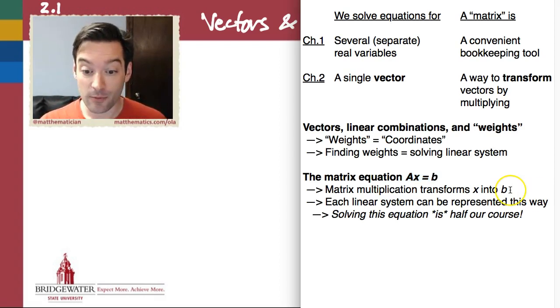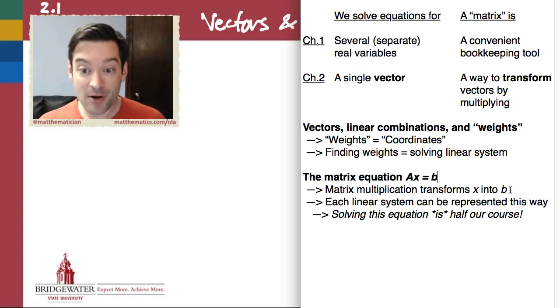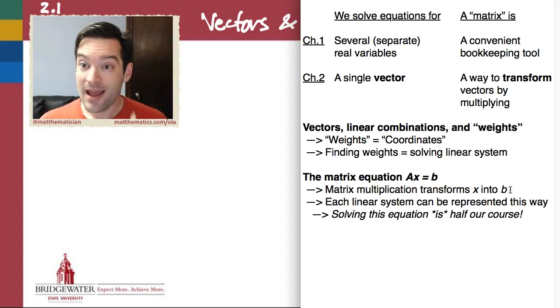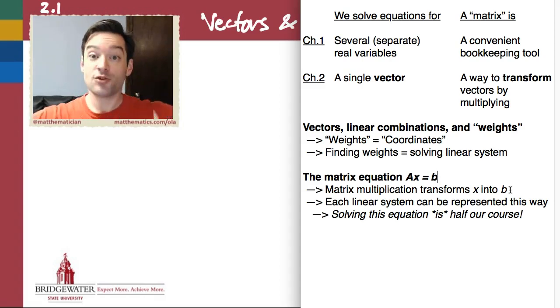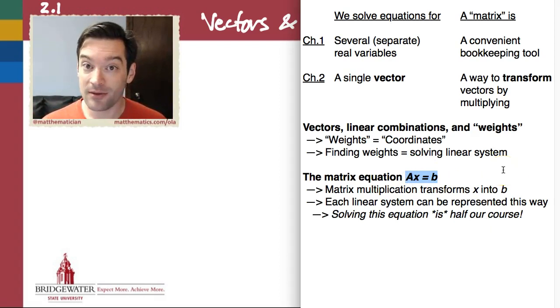We're going to think of the role of a matrix as transforming x into b, and our job is then to figure out how to solve that equation for x. So that's our roadmap for this chapter. We want to figure out what vectors are, how they work, what makes them tick, and then how matrices transform one vector into another in ways that will hopefully help us understand how to untransform and therefore solve the equation Ax = b to discover the unknown vector x. So let's get started.